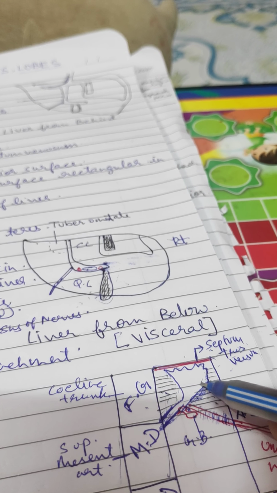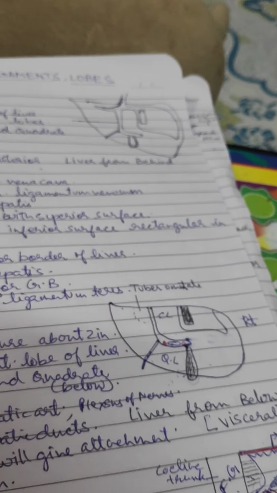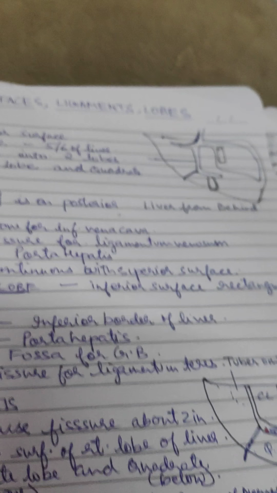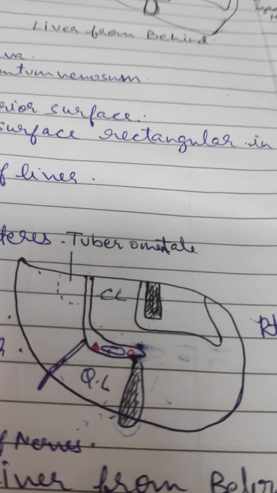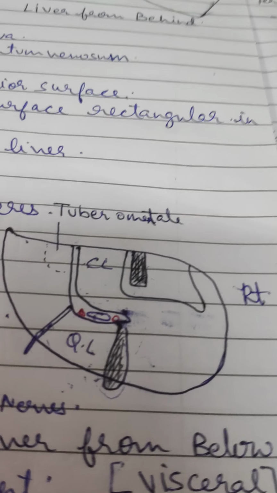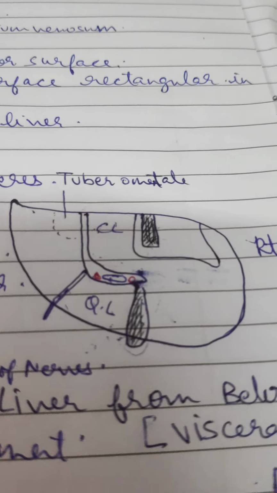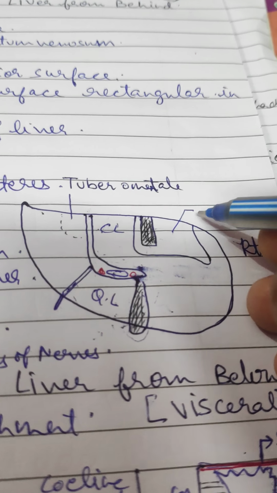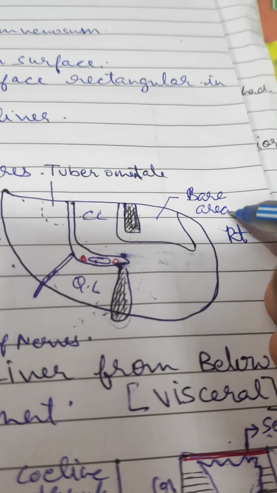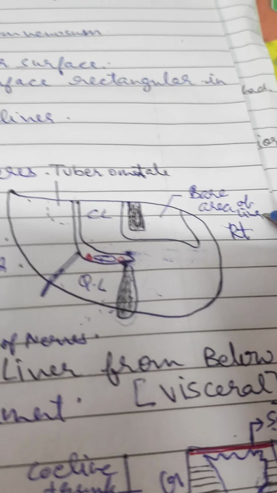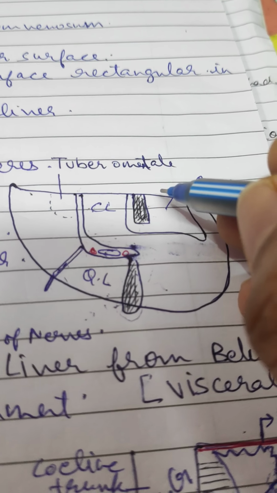Is it clear? Okay. So now there is also a part which is not covered by mesentery, which is in direct contact with the diaphragm, and that part is called the bare area of liver. So this is not having any mesentery.